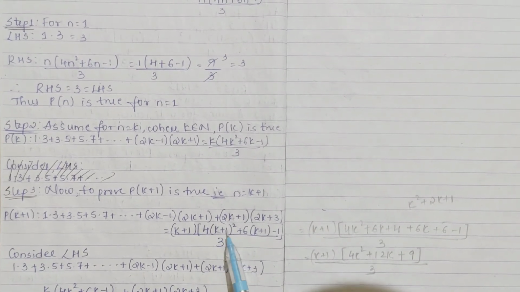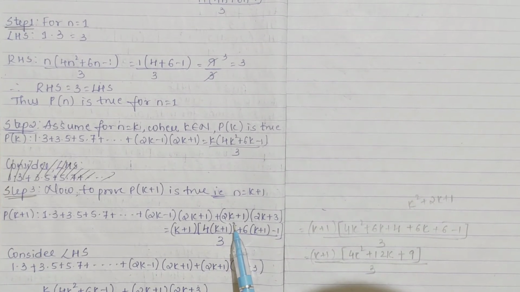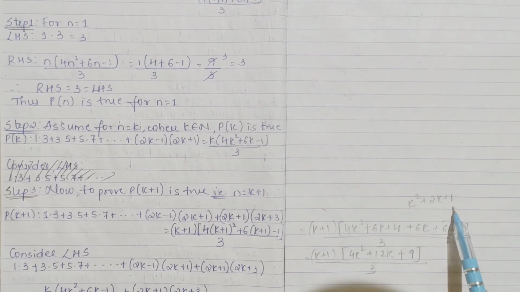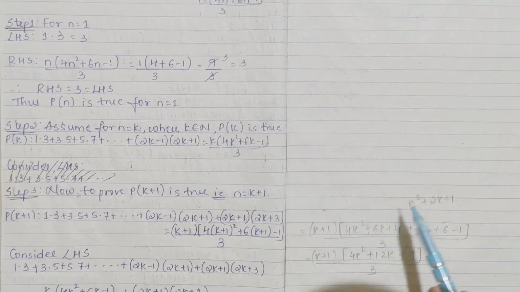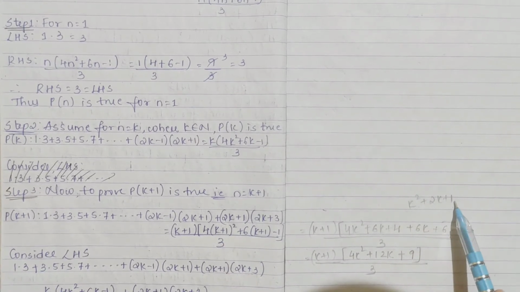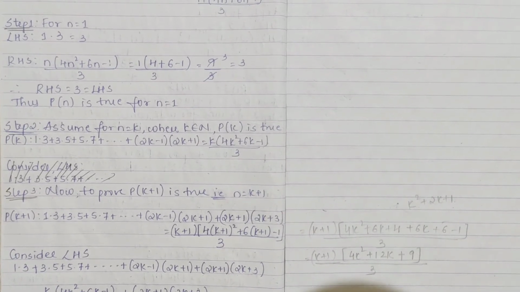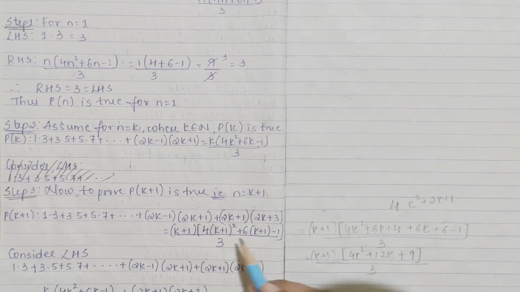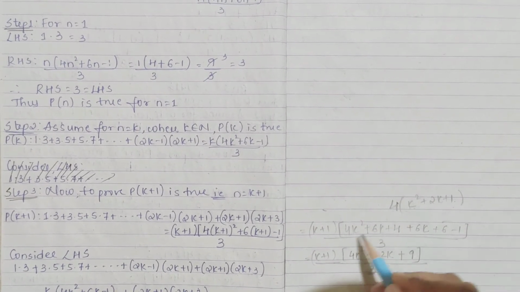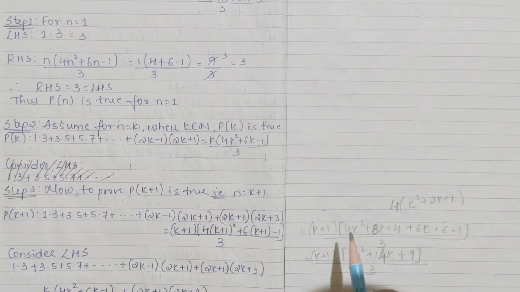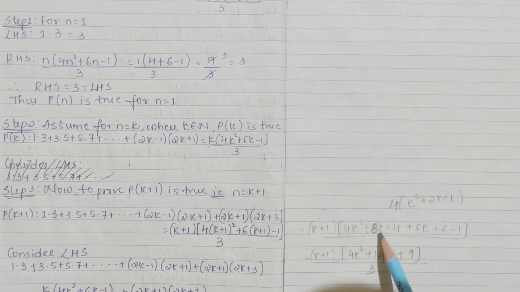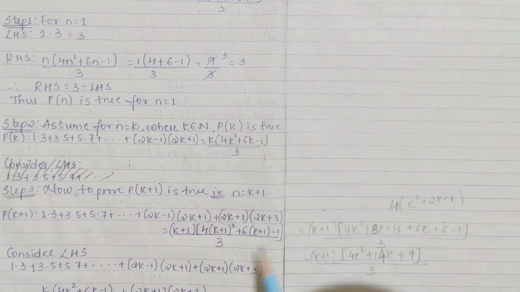Here k plus 1 square is a plus b the whole square, which is a square plus 2ab plus b square, right? So k plus 1 the whole square is k square plus 2k plus 1. Multiplying by 4 inside, 4 into k square is 4k square, 4 2s are 8k, 4 1s are 4. So you got this part.